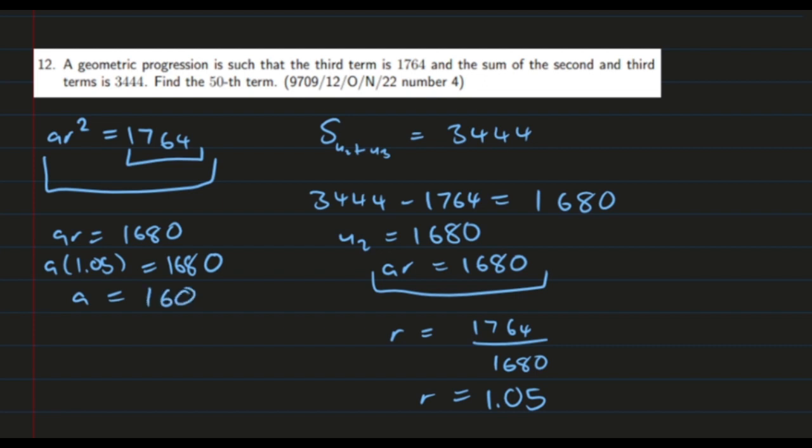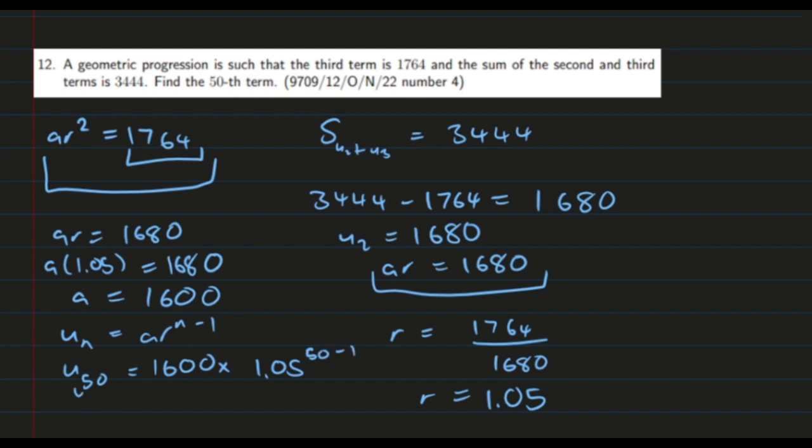This gives us 1600. Now they want us to find the 50th term. The formula for the nth term is ar to the n minus 1. So u50 is equal to 1600 times 1.05 to the power 50 minus 1.